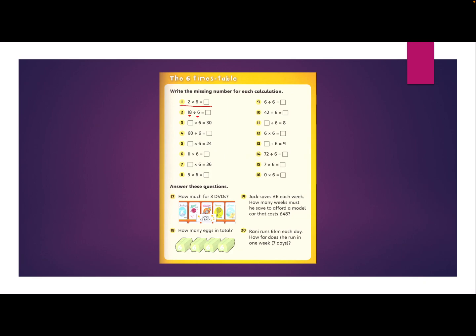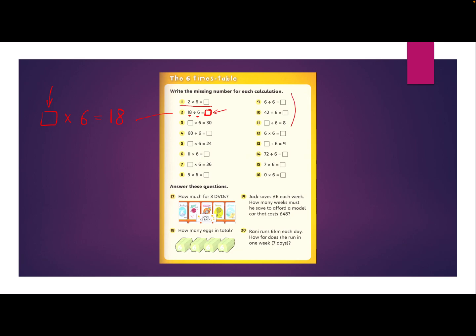But whatever it is, you've got to think what number goes in here. So you can think to yourself, if this was a multiplication, it would be something times 6 equals 18. Which one of my 6 times tables has got the answer 18? That factor that was at the beginning becomes the answer at the end.